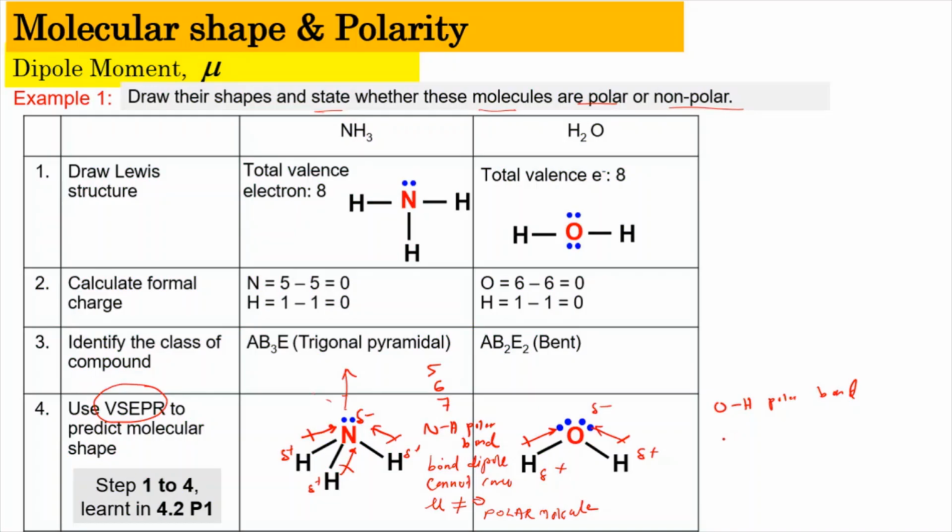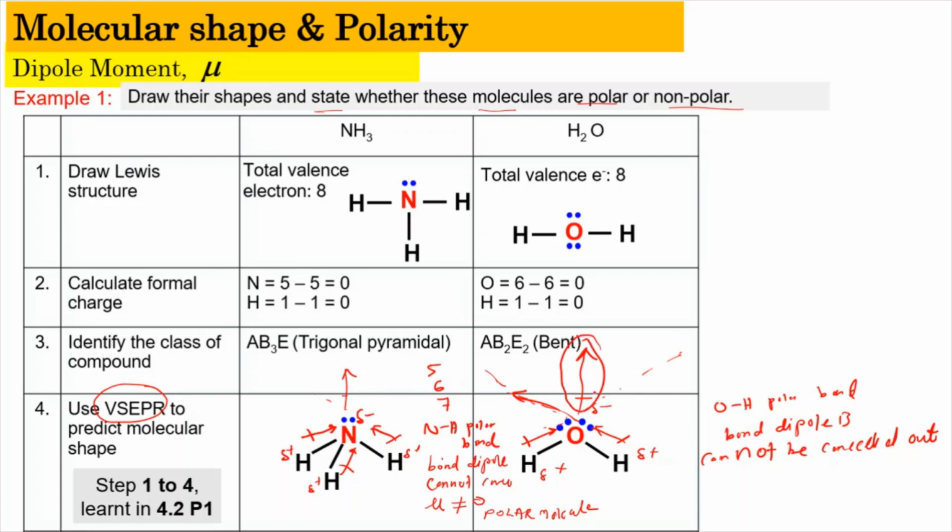However, the bond dipoles cannot be cancelled out. If I were to expand the arrow, it is going to be on that side, and here on the other side, and hence it creates a resultant at the middle.